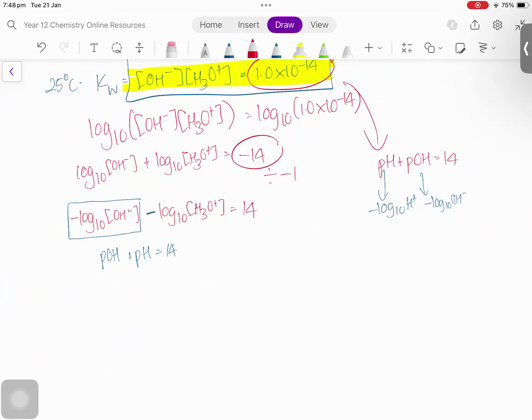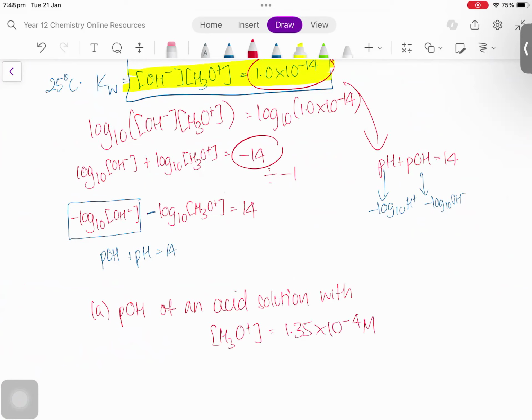So let's say I asked you for the pOH of an acid solution. I haven't even told you what the acid is. I'm just going to tell you how many protons there are in there. That's all you need: times 10 to the minus 4.